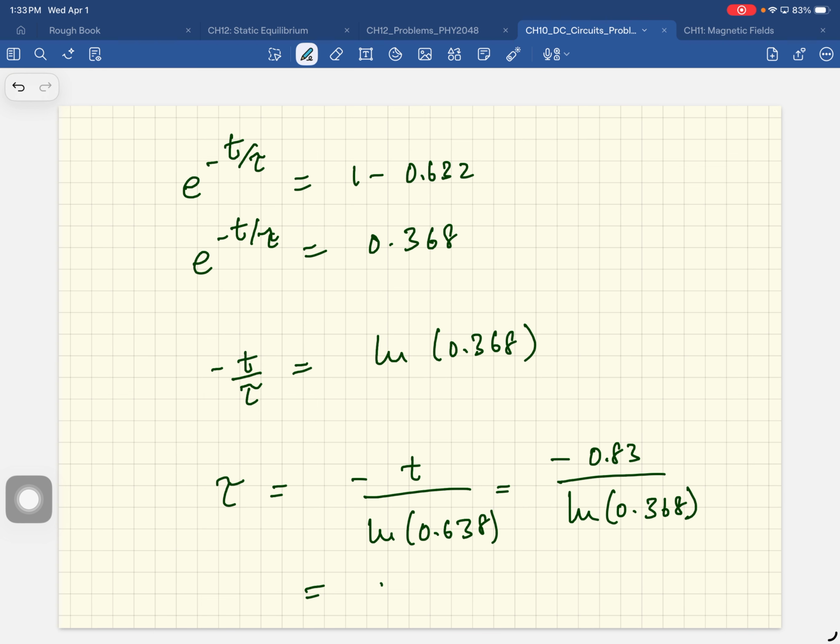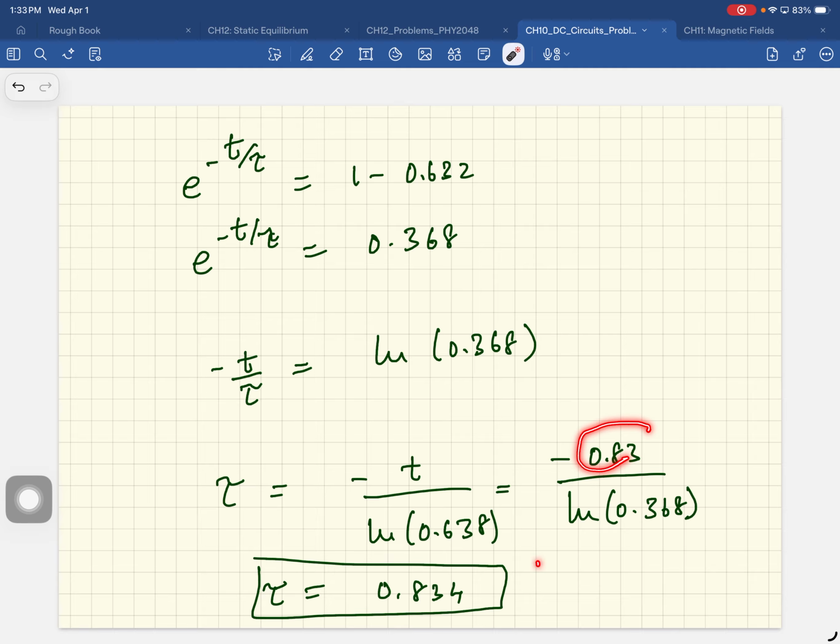So the time constant is 0.83 seconds, the capacitor was firing at one time constant essentially.